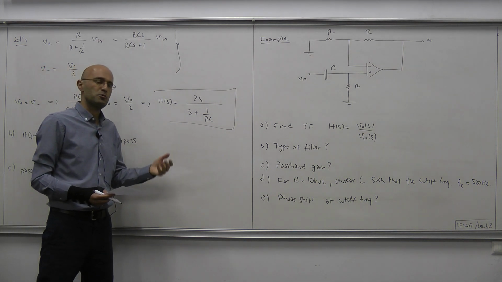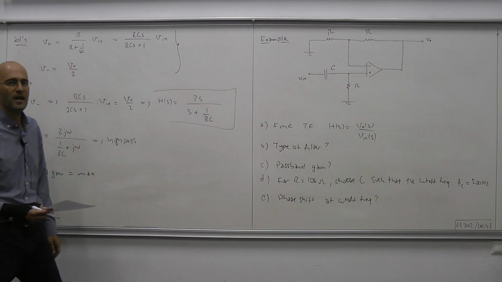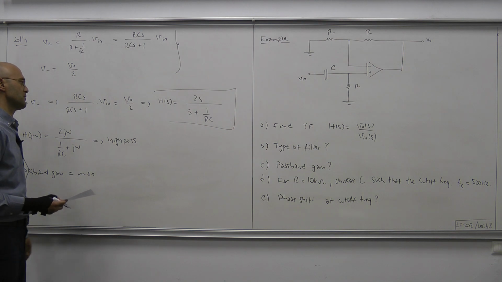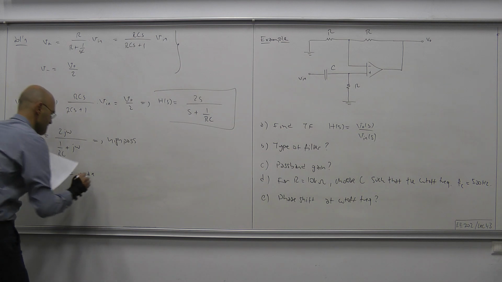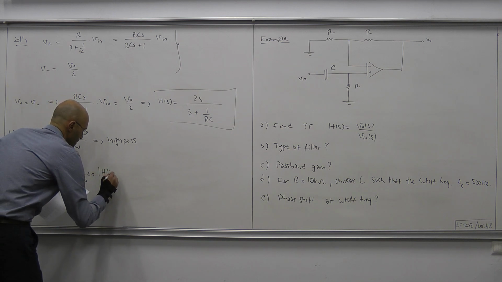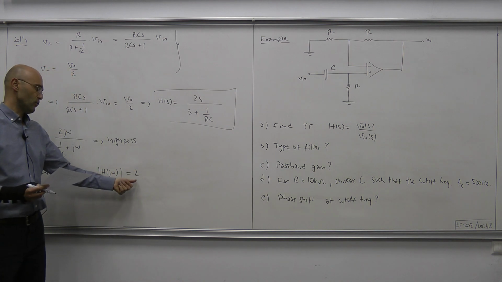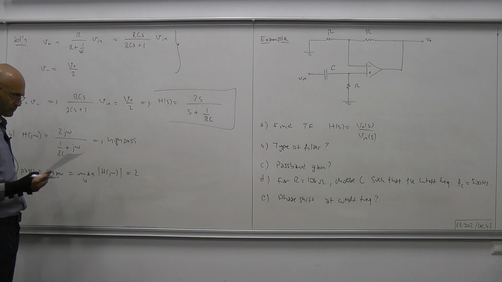And if you do that approximation, what you take as the passband gain usually is the maximum gain that can be achieved by your transfer function or by your filter. So max over omega of G of omega equals 2, okay? That follows from our previous analysis, this number here.